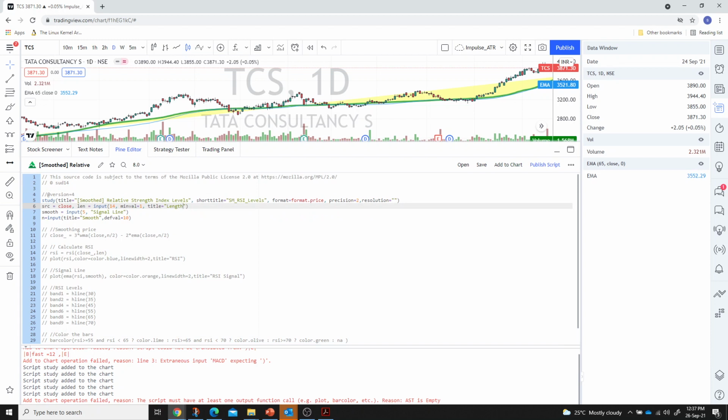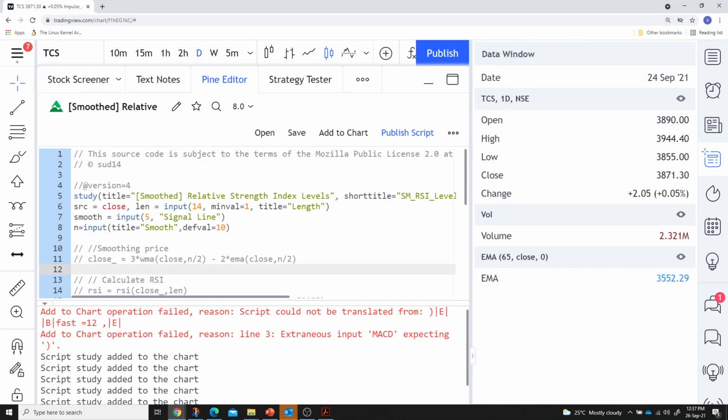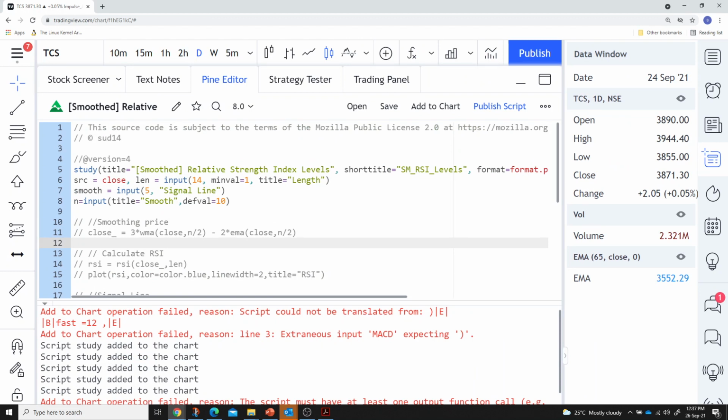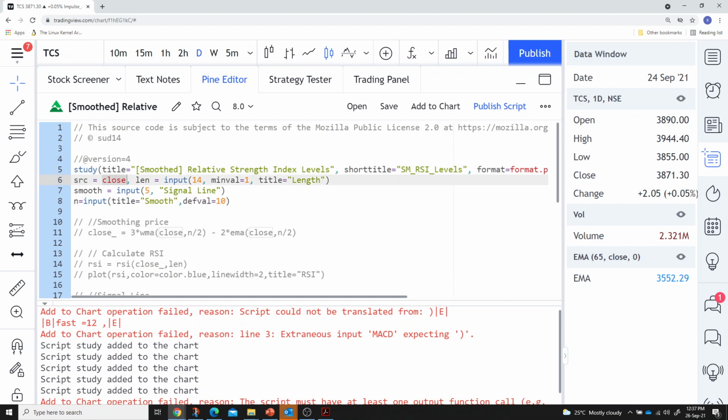I have commented out everything. So here, if you see, shall I zoom in? Okay, just to show you, I will again zoom out. So this is a study, and then I am taking the price as closing price.